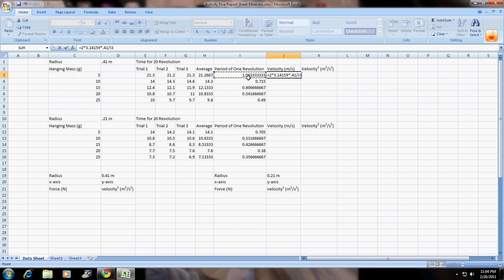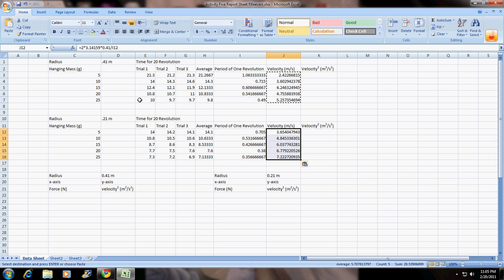I click on the period here and hit enter, and it gives me the velocity. Then I drag, copy, go here, paste. So now I have the velocities for both sets of data.